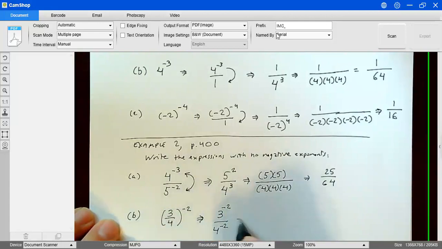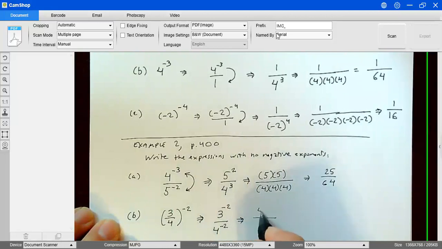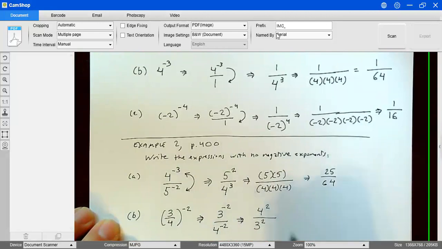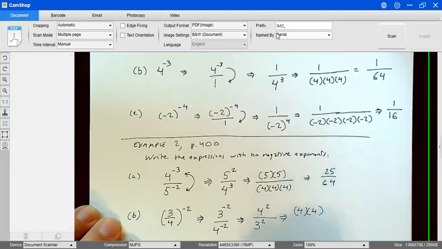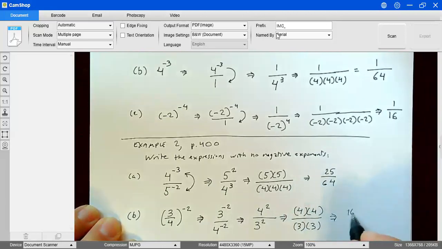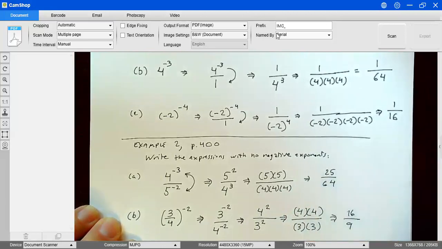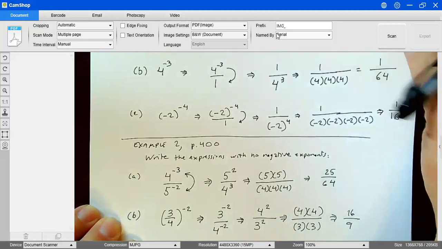Now I'm going to apply the rule of negative exponents. So that means I'm going to write this 4 on top with a positive exponent and this 3 on the bottom with a positive exponent too. Then I'm just going to rewrite the exponential expression as a multiplication. So this is going to be just 16/9. So that's example 2, parts A and B.